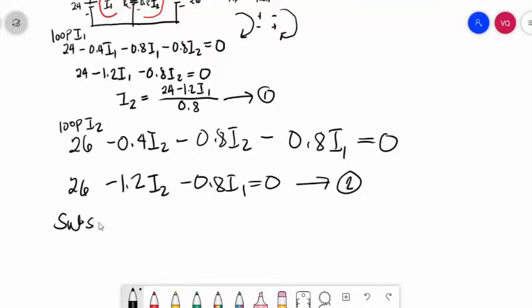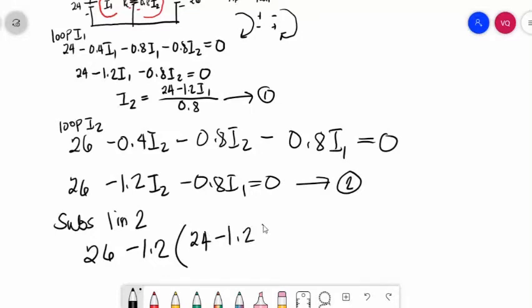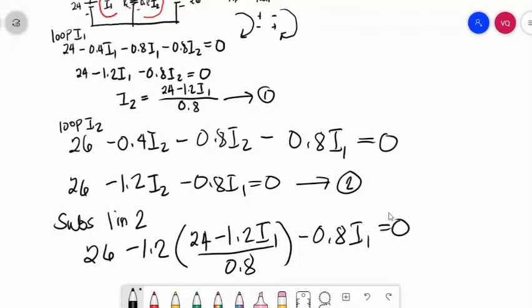Substitute 1 in 2. 26 minus 1.2 times 24 minus 1.2 I1 divided by 0.8 minus 0.8 I1 is equal to 0.